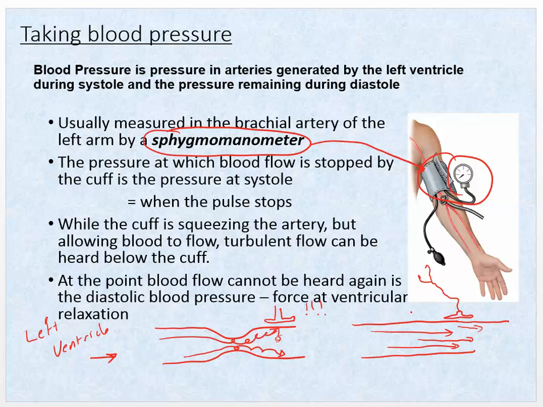Because if you relieve it even more, you're still not going to hear any sound. So you're trying to figure out exactly the point where you stop hearing any sound, and that's going to be your diastolic pressure. Let's say that happens at 70 millimeters of mercury. That's the basic pressure that's always in your blood, at the very least, and that's going to be your diastolic.